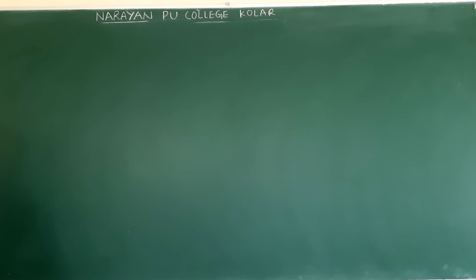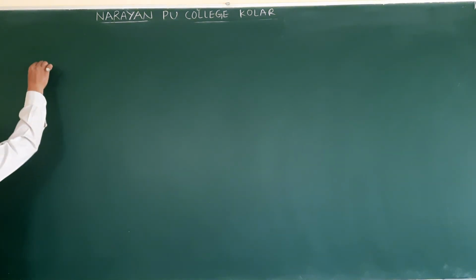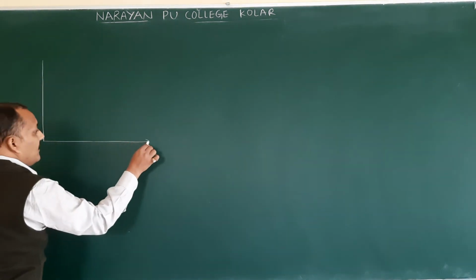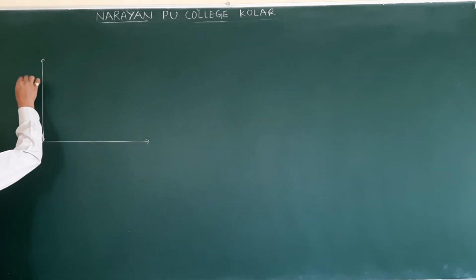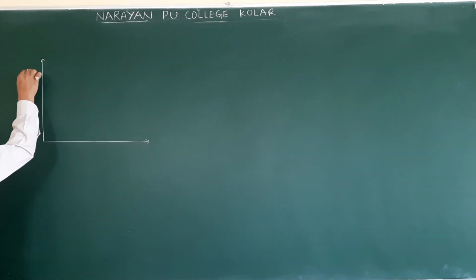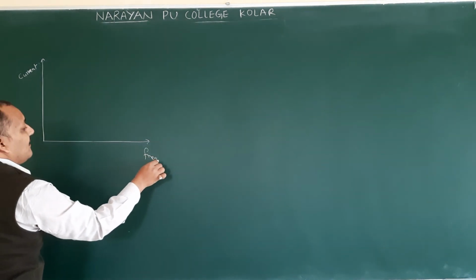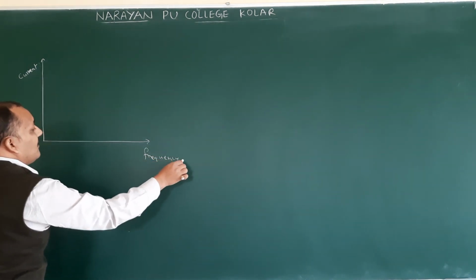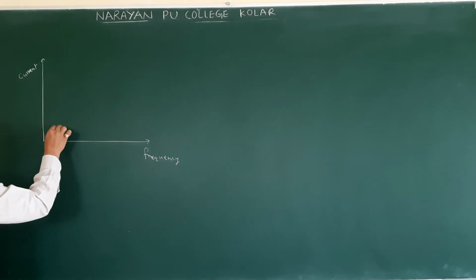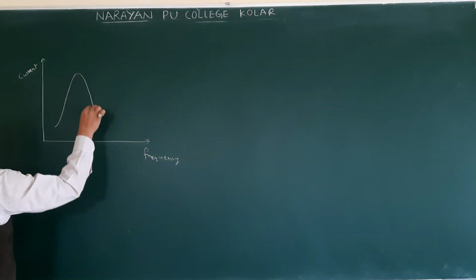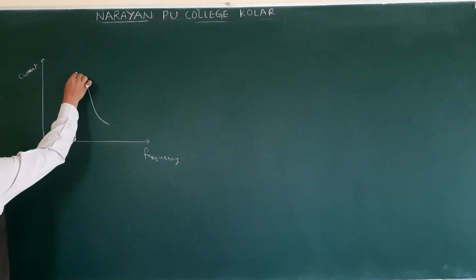Just look carefully at the graph. This axis is current and this axis is the frequency of AC. We got a graph like this.